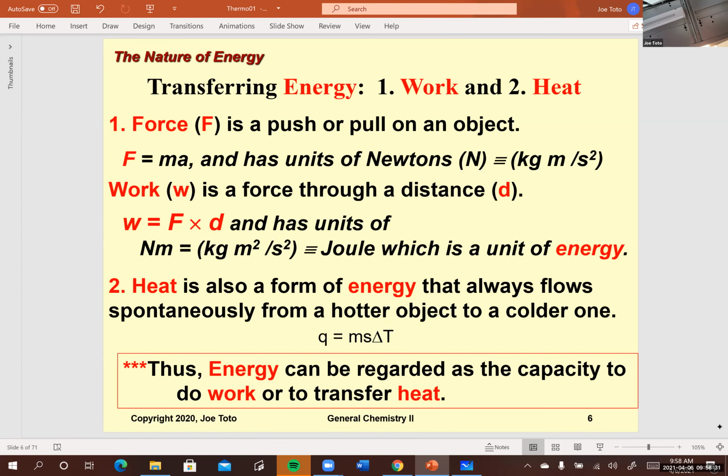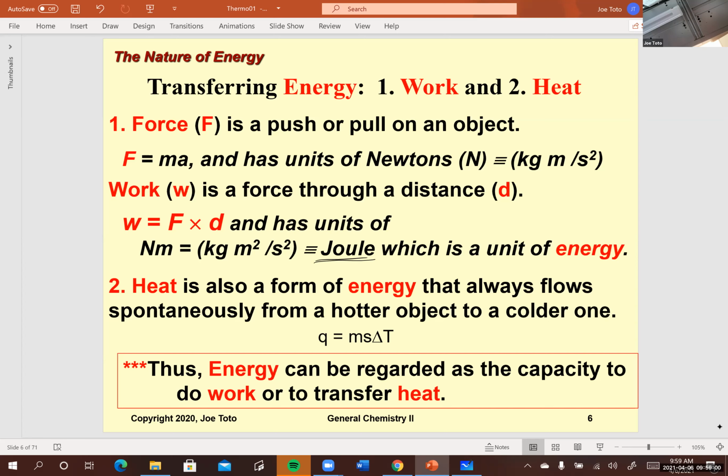Next slide talks about a couple forms of energy called work and heat. You recognize work probably from physics as a force through a distance. And you know that the units come out for that as joules, because it's a Newton times a meter.